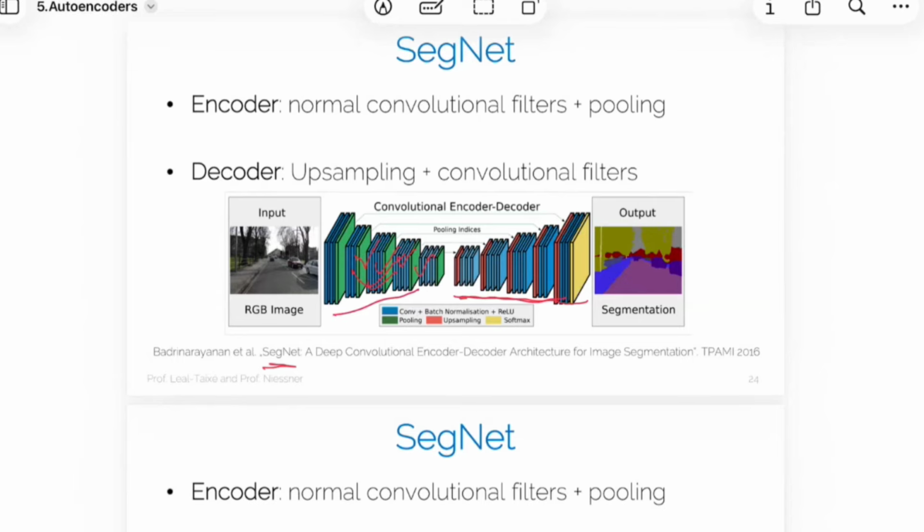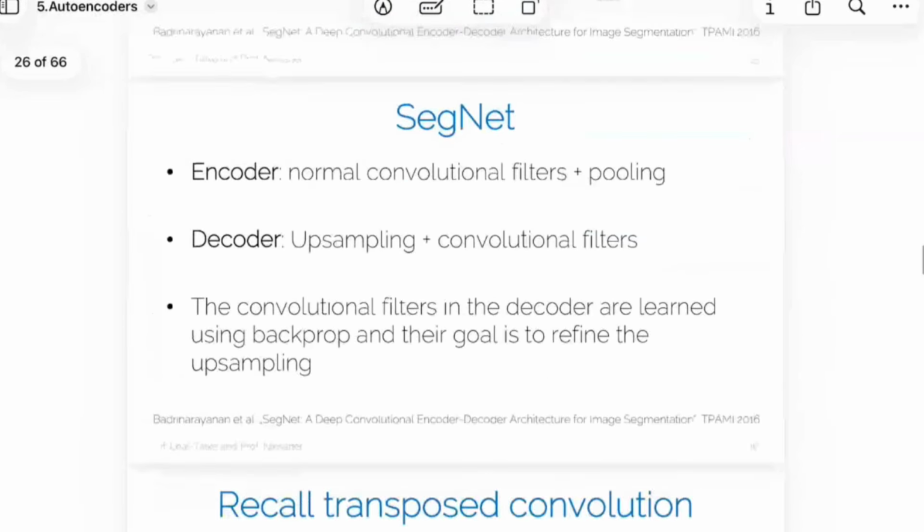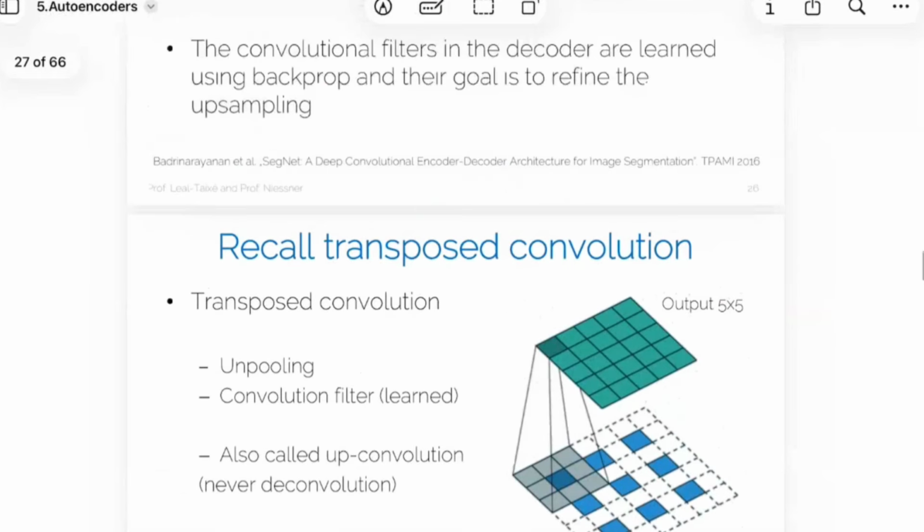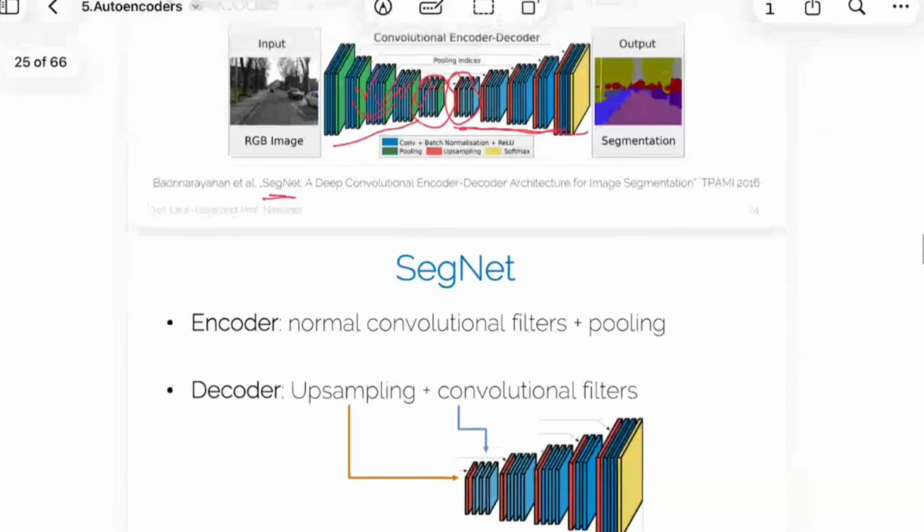In the decoder side, you have to upsample. They are taking this image as an input, and the size is getting increased by the layers. For that, it's using the upsampling layer. Now, how should we do upsampling? There are multiple methods.